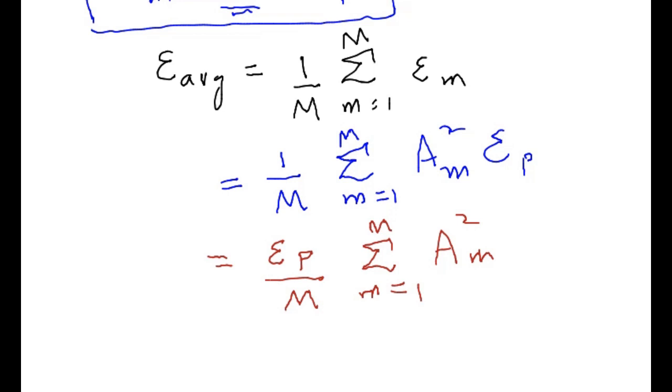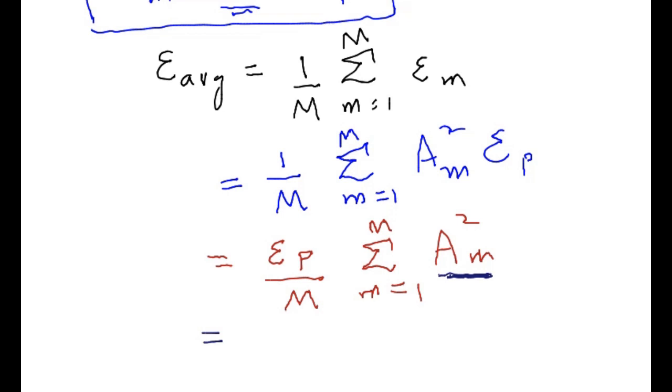Now as we know, for pulse amplitude modulation, A_m is already given, and it is either plus minus 1, plus minus 2, plus minus 3, or so on, right? So we can compute this sum.